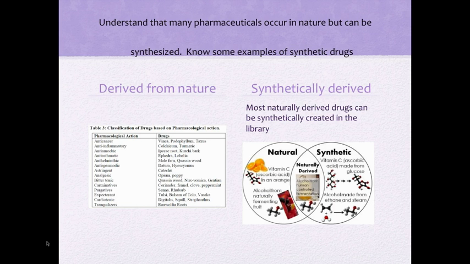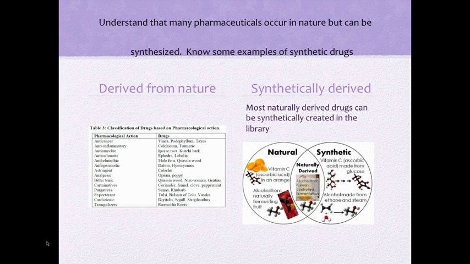Many pharmaceuticals exist in nature, but once they are extracted from nature, they can be examined and they can be synthesized, made in the laboratory. For example, the spice turmeric is an anti-inflammatory.